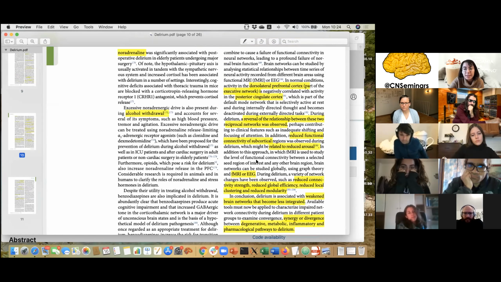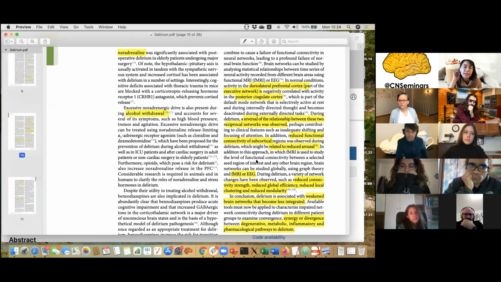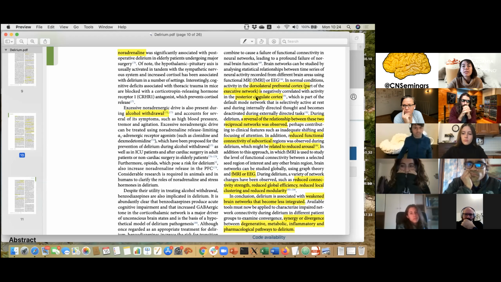So according to PET scans, you see that there is a specific pattern of glucose uptake in dementia patients who present delirium, and also according to fMRI and EEG measures, we have a different relationship between the dorsolateral prefrontal cortex, which is involved in executive functions, and the posterior cingulate cortex, which is part of the default mode network.